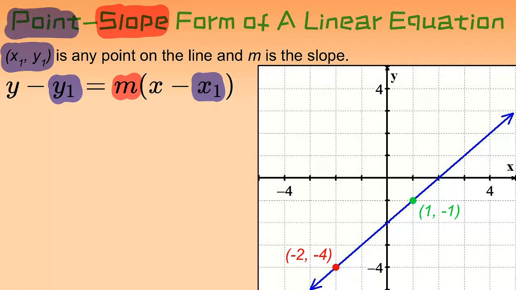So first we're going to figure out the slope. Remember, slope is equal to delta y over delta x. Can anyone see what the slope is on this line?